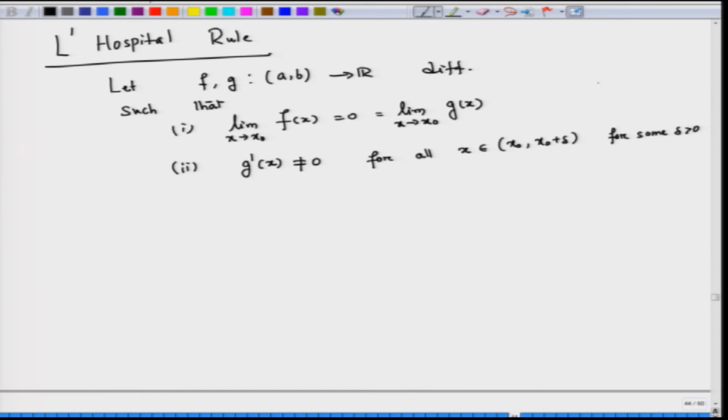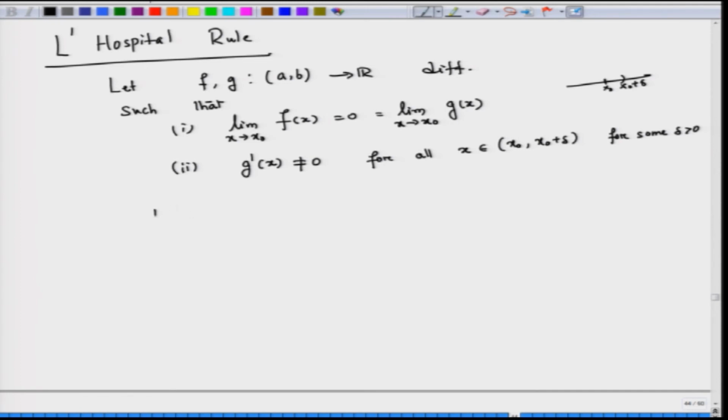That means, I have an x naught here, then at least in some right hand side neighborhood of x naught, g prime does not vanish anywhere.